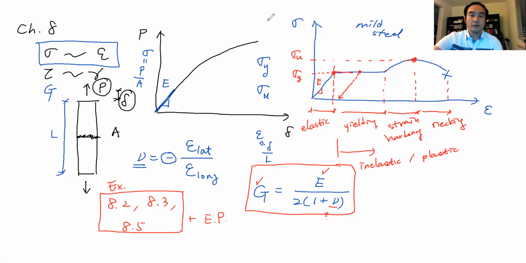Okay, let's move on to chapter 9. So chapter 9 is about axial load. Chapter 9, chapter 10, chapter 11, and later on, we were talking about different behaviors. Chapter 9 and chapter 17 are similar in that we're talking about the axial load.